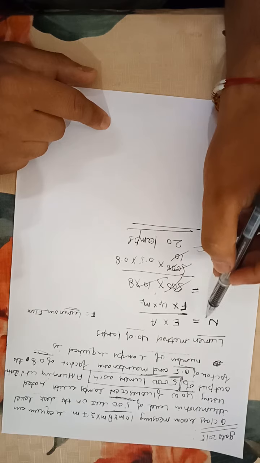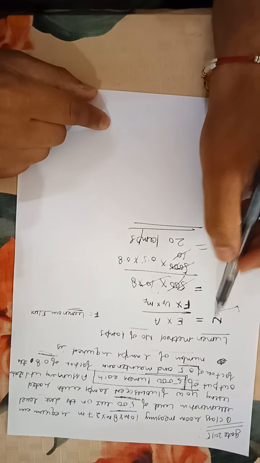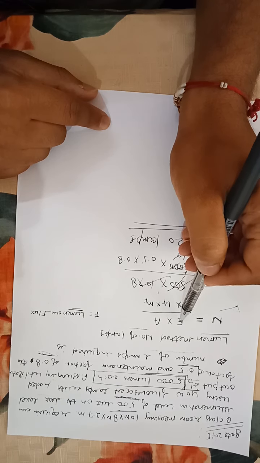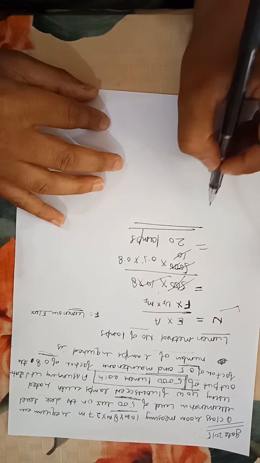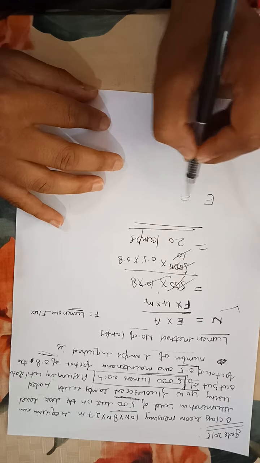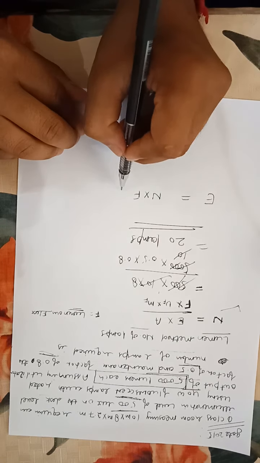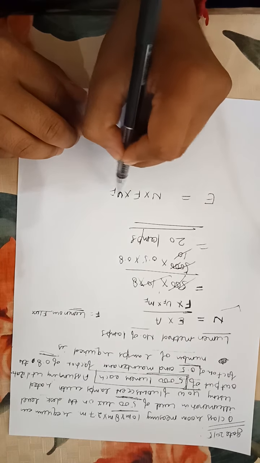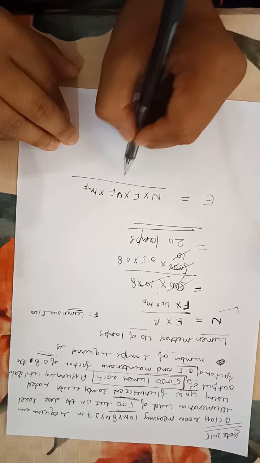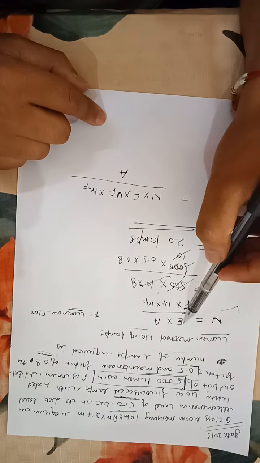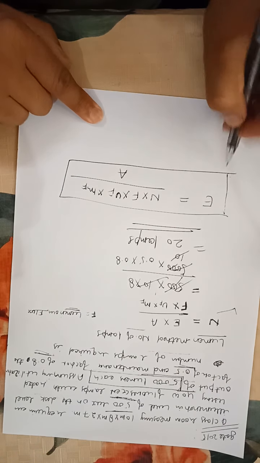If the number of lamps is asked, then we use this formula. If the illumination required is asked, then we change the formula and it becomes E is equal to N into F into UF into MF divided by area.